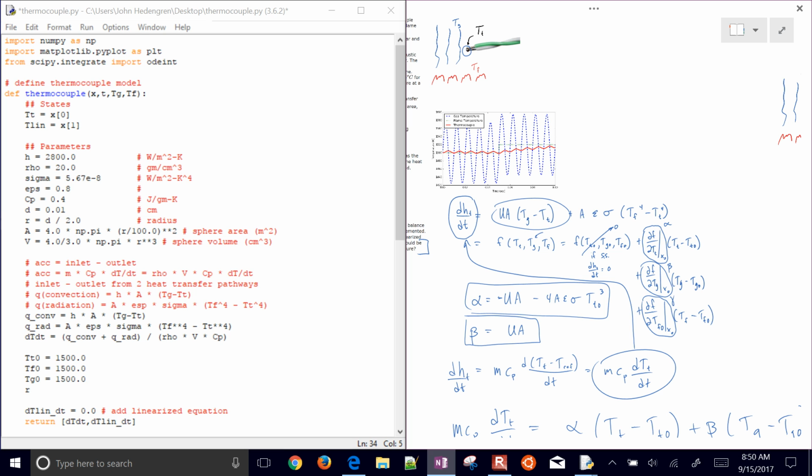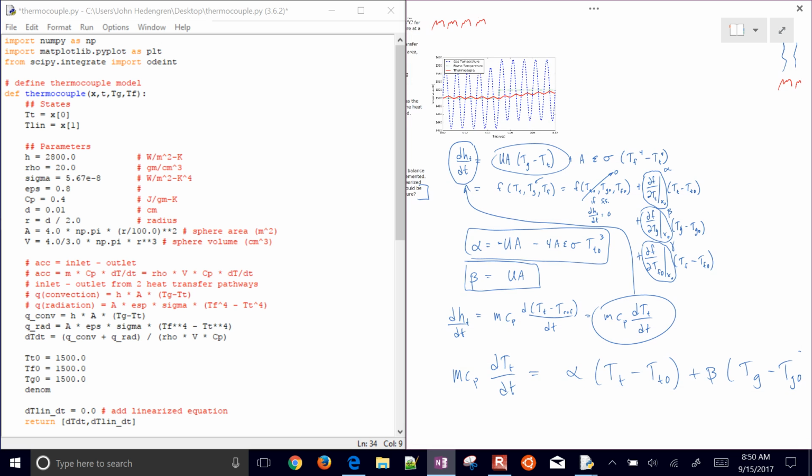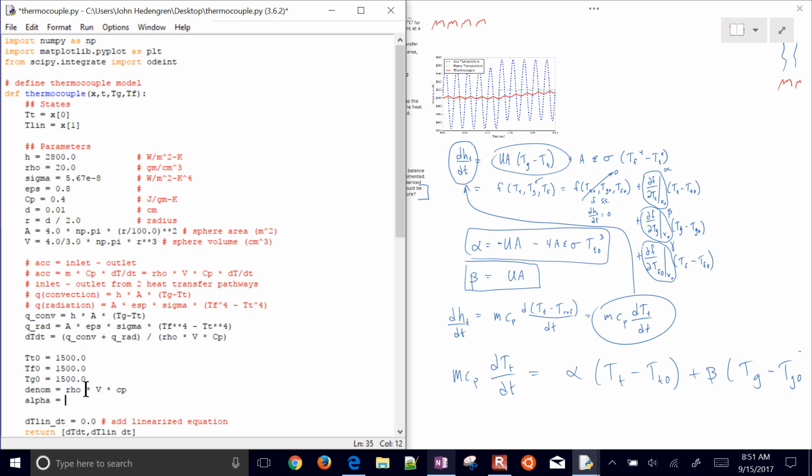Okay, so the very first one is going to be this denominator that I'm going to divide over, which is the m c sub p, and that's just going to be equal to the rho times the volume times c sub p. And then I'm going to have my alpha value, and my alpha value is going to be, let's see, it's going to be minus h.